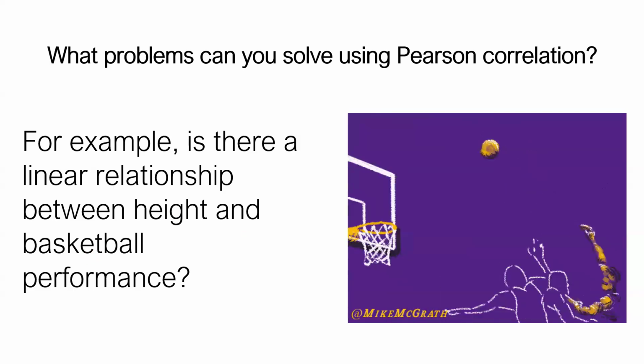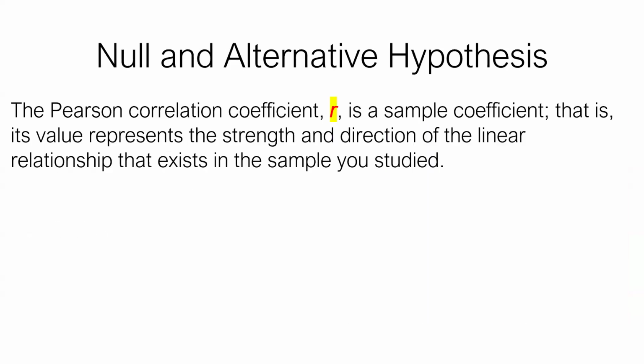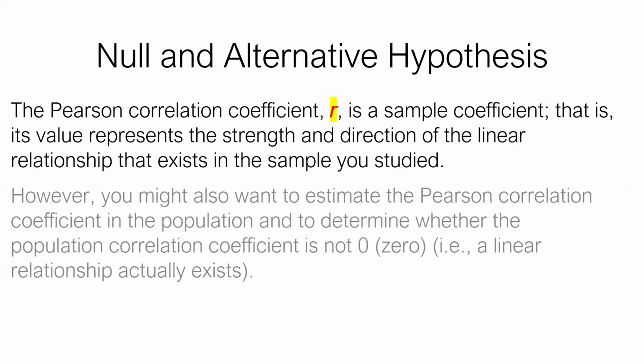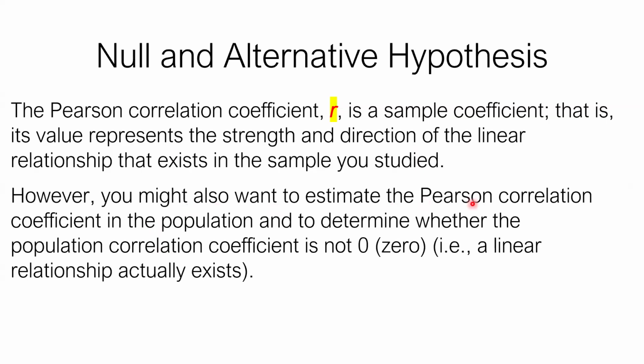Now, how do we formulate our null and alternative hypothesis? The Pearson correlation coefficient R is a sample coefficient, meaning your data is taken from the sample data. That is, its value represents the strength and direction of the linear relationship that exists in the sample that you studied. However, you might also want to estimate the Pearson correlation coefficient if you have population data, and here you wish to determine whether the population correlation coefficient is not 0, meaning a linear relationship actually exists.